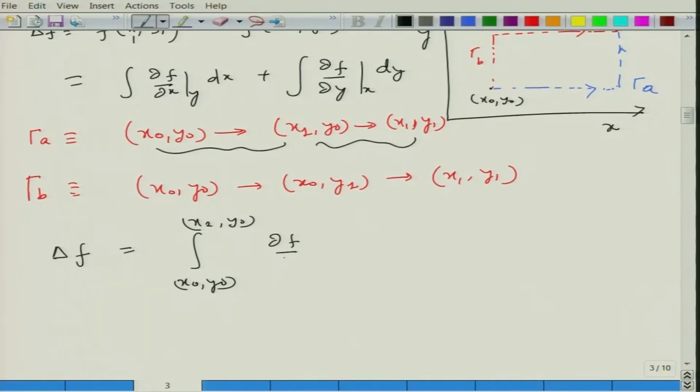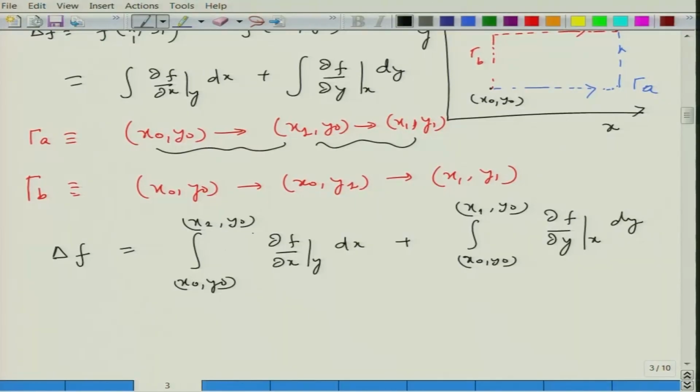So, the integral of del f by del x at constant y dx, plus, from x1 y0, the integral of del f by del y at constant x dy.